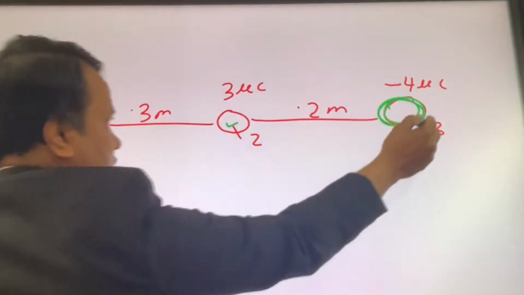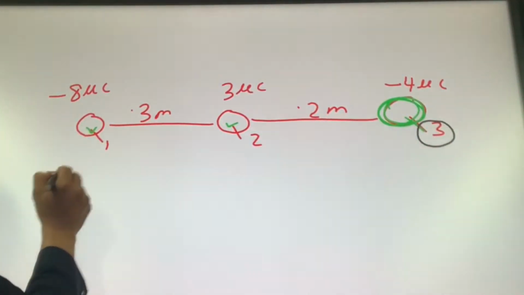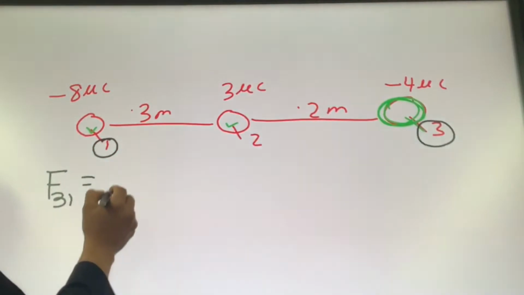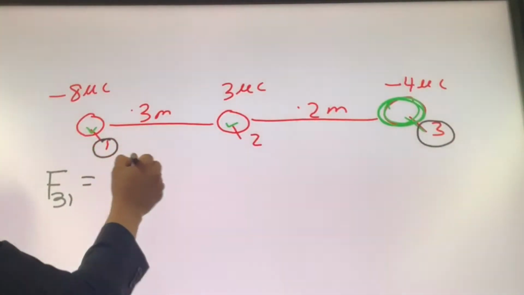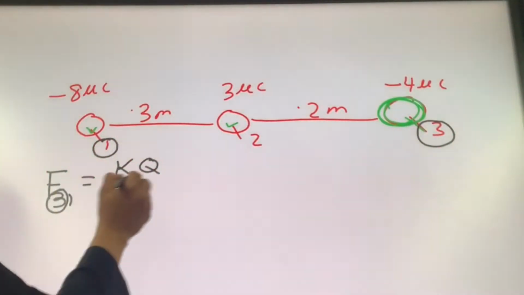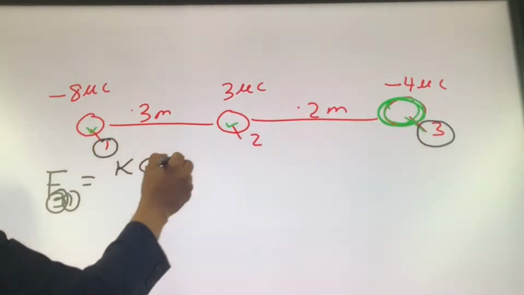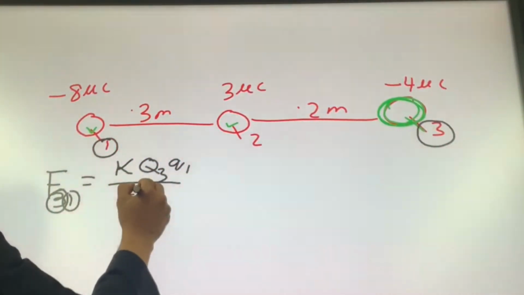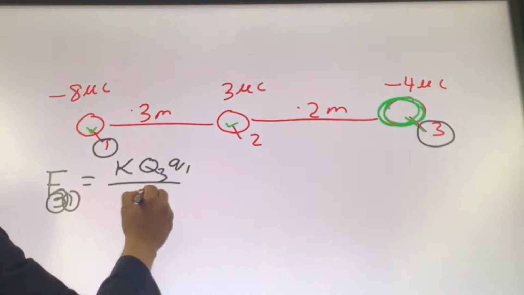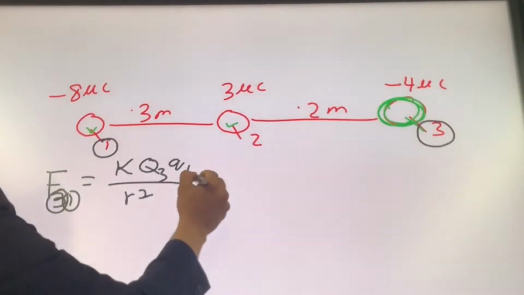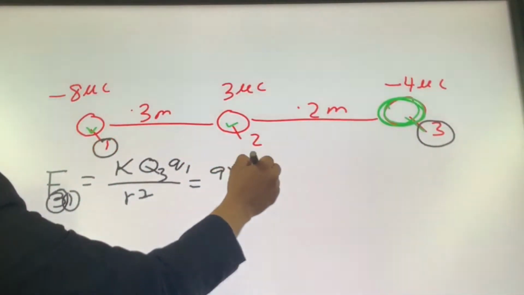Electrostatic force on Q3 due to Q1. What does that mean? Okay, Q3, then Q1 over R squared. So K is 9 times 10 raised to 9.